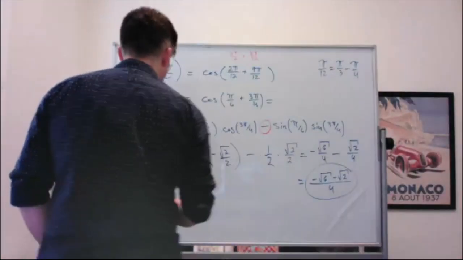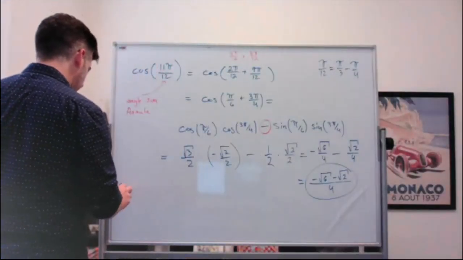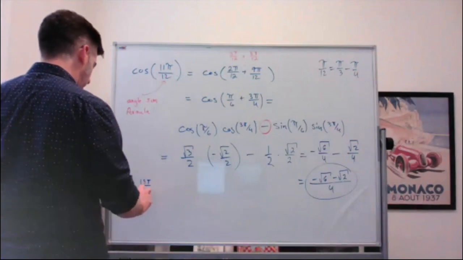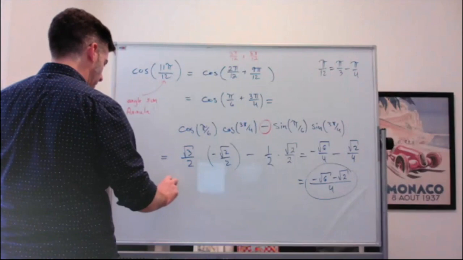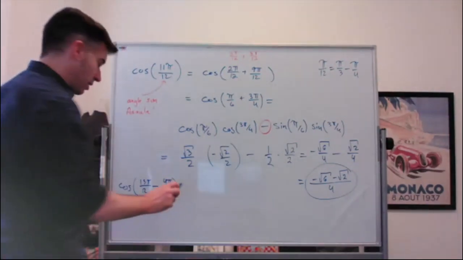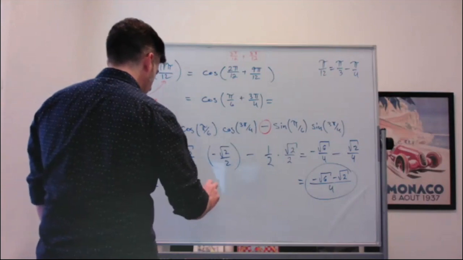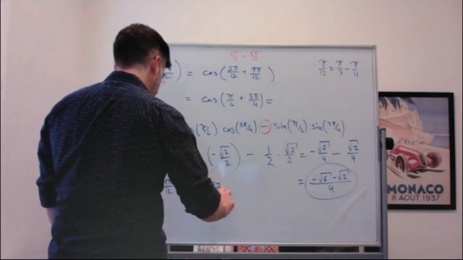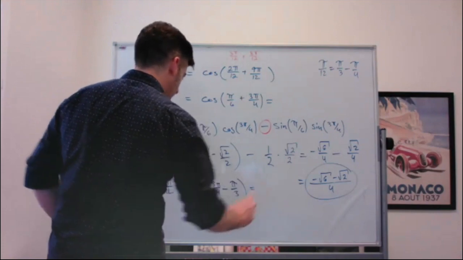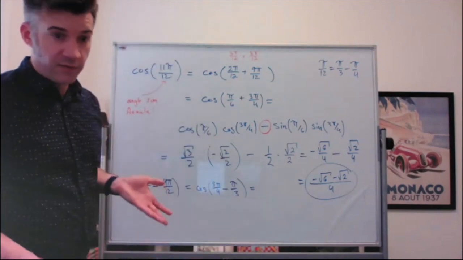And you totally could. You could totally write this as cosine of 15 pi over 12 minus 4 pi over 12. And both of those reduce. So then it would be cosine of 5 pi over 4 minus pi over 3. And then we would use the angle difference formula.